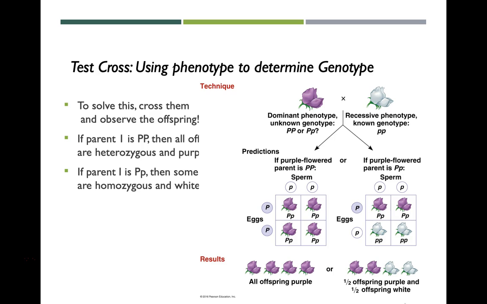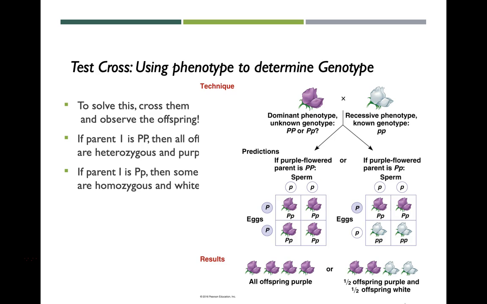So sometimes you might be asked to determine what the genotype of a particular individual is. In a practical sense, this might be for producing a particular flower for a garden store or producing a particular trait in an animal that you're breeding.